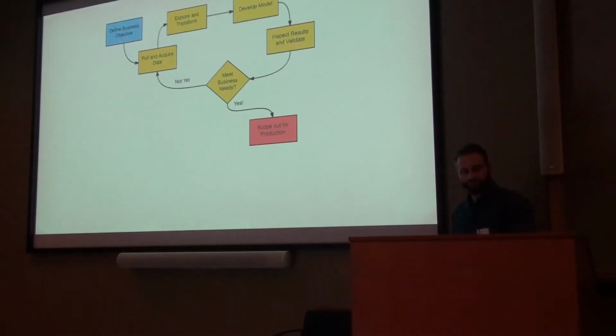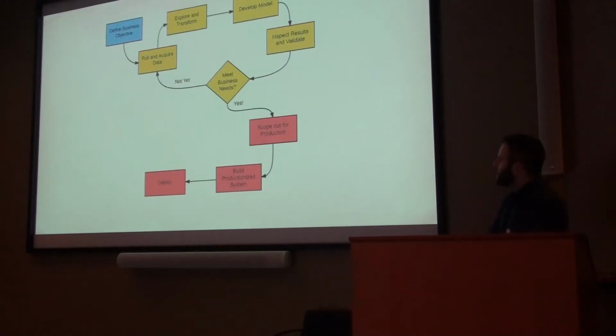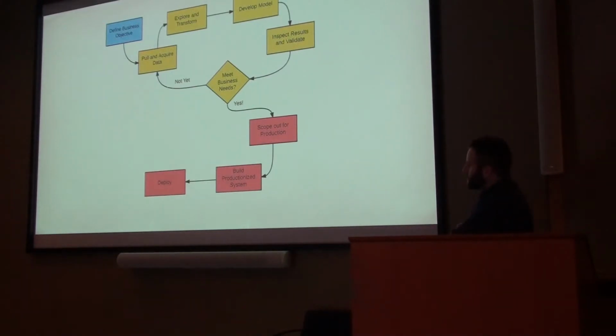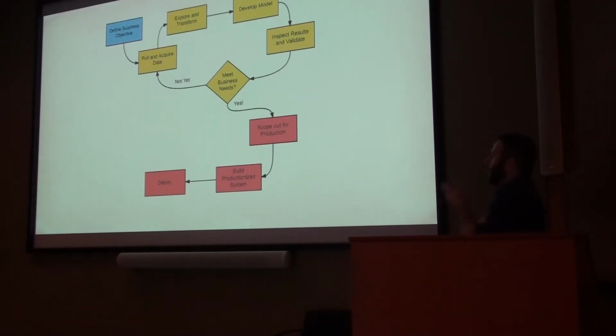And by no means is this a very simplified system. It varies depending on how complicated what you're trying to develop or predict is. But you figure out how to replicate some of the information that you got out of the yellow sandbox, and you build that productionized system and deploy it.